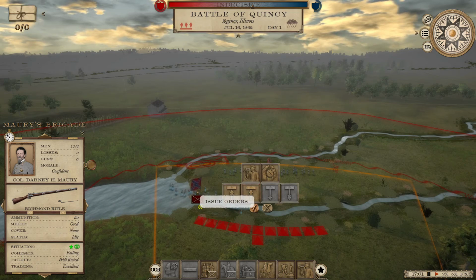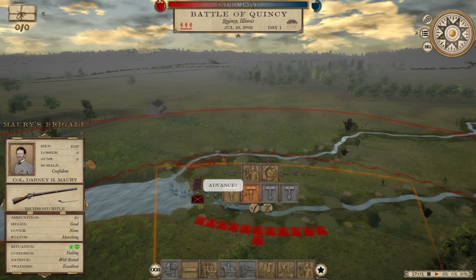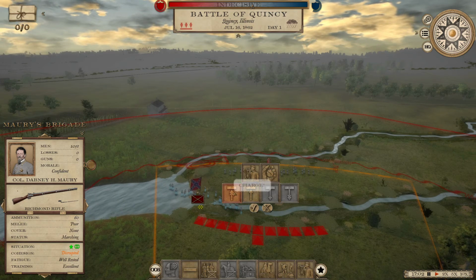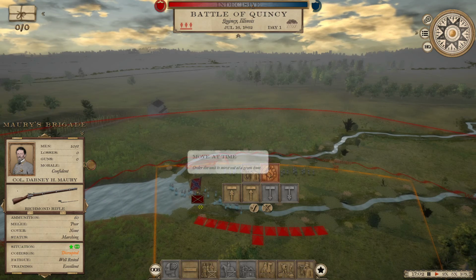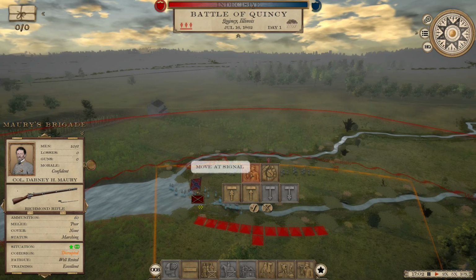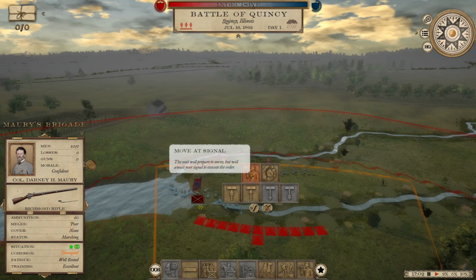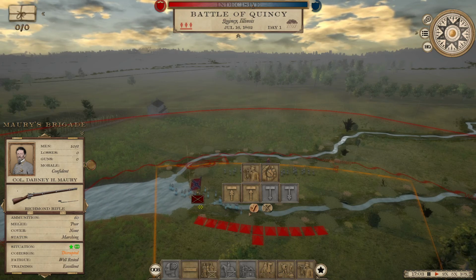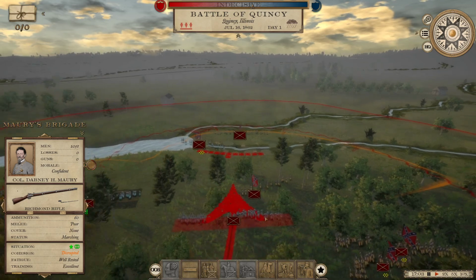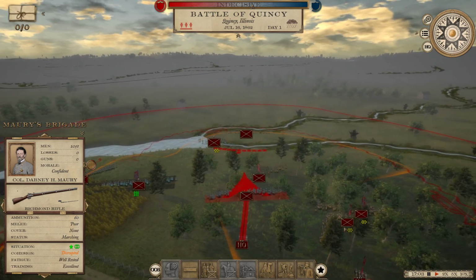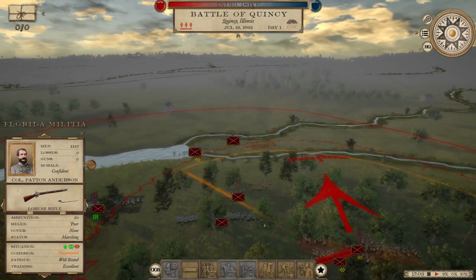You move them there, and you can kind of choose how they move. I usually always just click advance. Sometimes if I'm trying to push people through, I'll order them to charge, but not really. If you're really interested in having your guys move together, I just move them at about the same time, and then do that to make sure that they actually do it. Everybody's pretty responsive because they're close to their commanders.